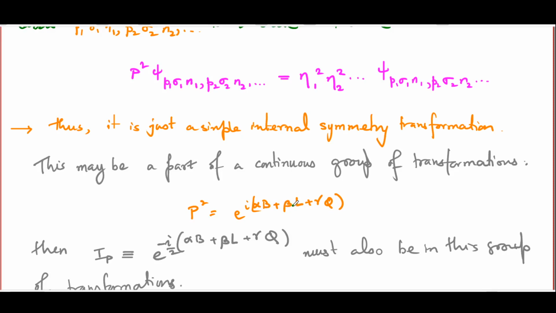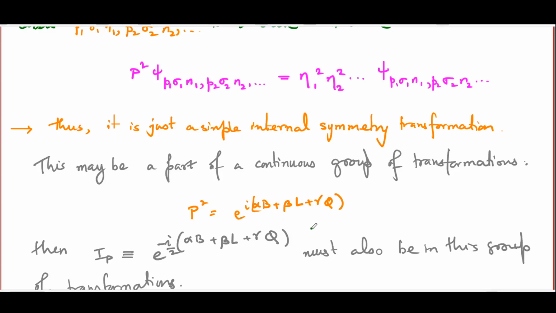Here, alpha, beta and gamma are specific choices for real numbers, which of course have nothing to do with the previous choices we made to make the intrinsic parities for the neutron, the proton and the electron equal to 1. These are just independent alpha, beta and gamma.